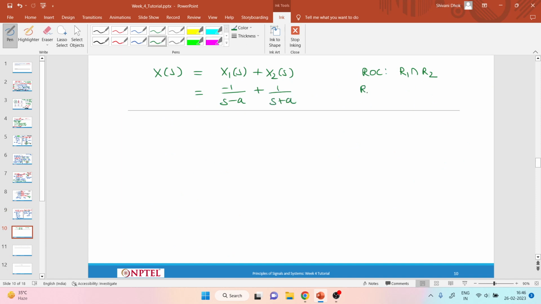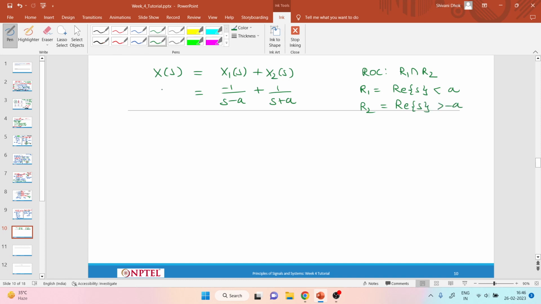Now my R1 is the real part of s less than a, and my R2 is the real part of s greater than minus a.